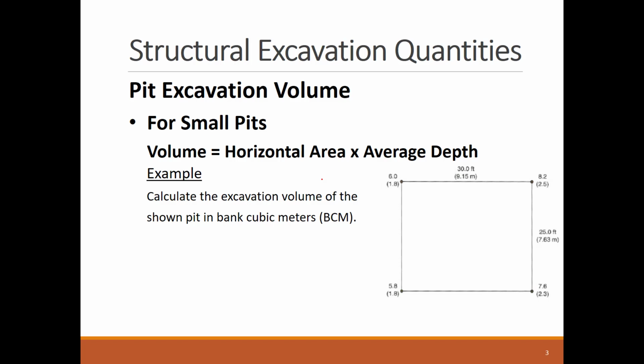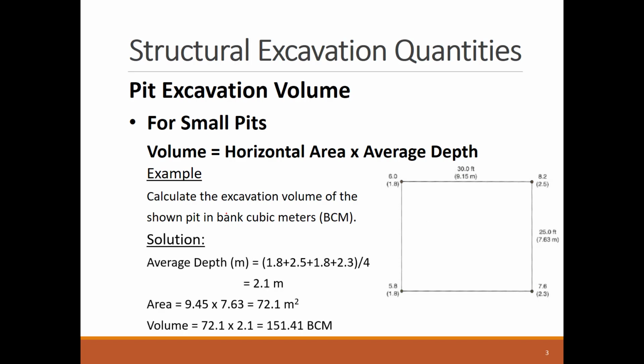The shown depth is on the excavation pit with horizontal dimensions of 9.15 meters and 7.63 meters. You can see the excavation depths at the corners are provided, which were calculated as the difference between the existing and the new grades. So you will need to calculate the average depth as shown, which turns out to be 2.1 meters.